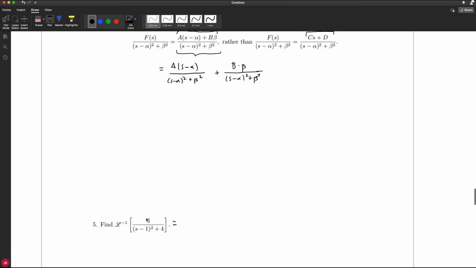This looks just like a constant divided by s minus alpha, where alpha is 1 and beta is 2, right? I think we've seen this denominator before. So that means my numerator needs to have a factor of 2 in it because that's my beta value. So as we've seen in a previous video, I need a 2 up there, but it wasn't there before, so I need to multiply by 1/2, right?